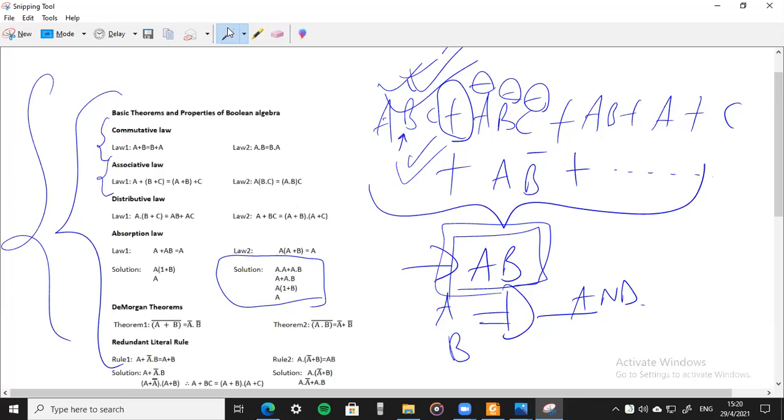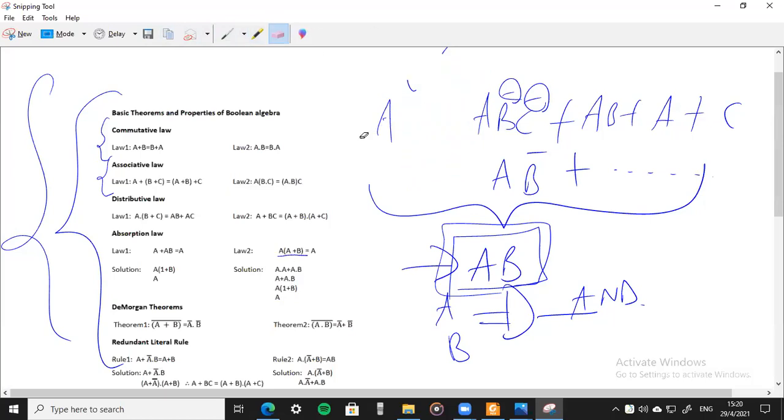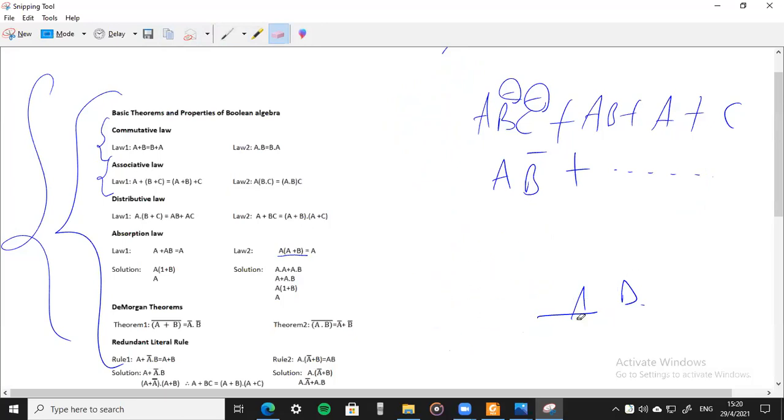From A, in this example, this is the absorption law. We had A. Let me write it on my own.